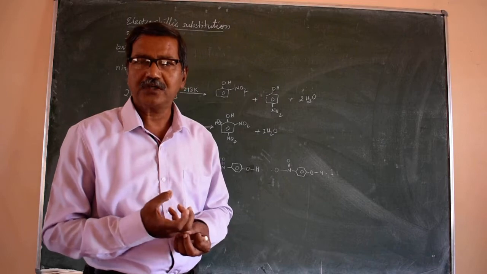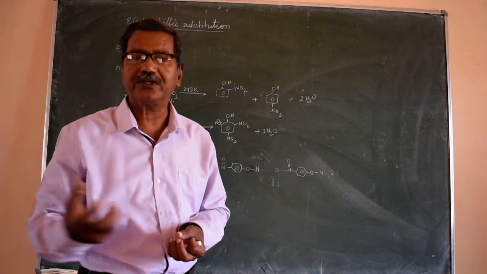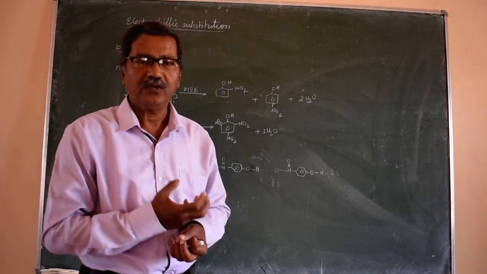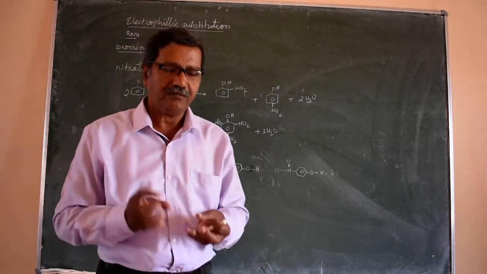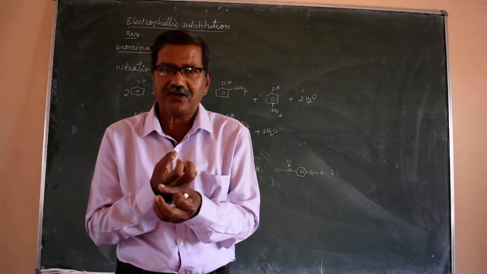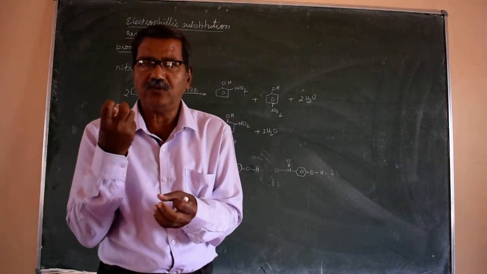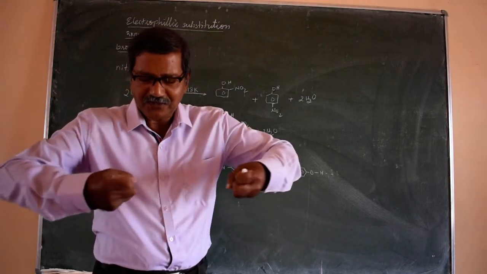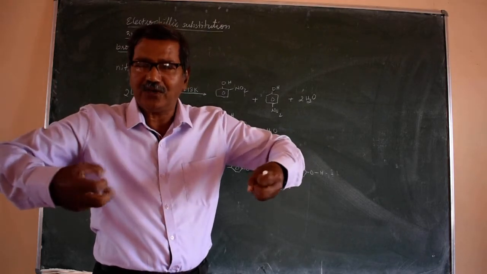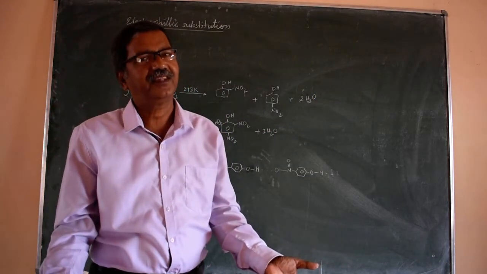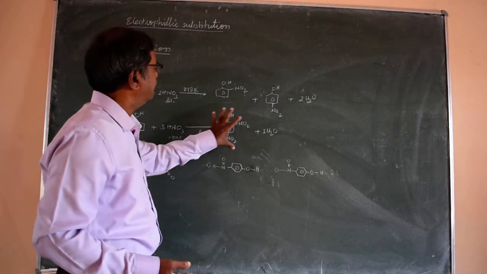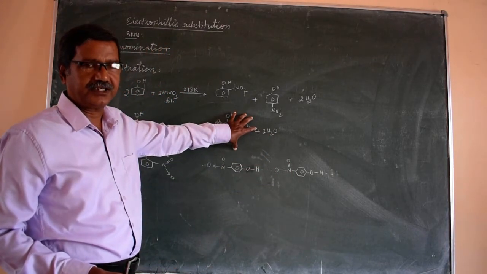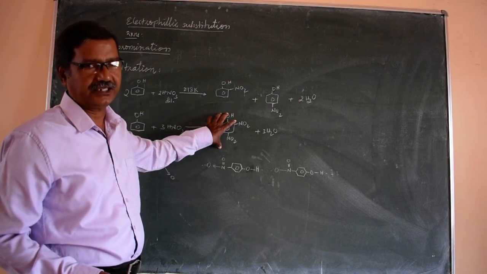Nitrophenols are stronger acids compared to phenol because the nitro groups withdraw electrons and make the phenoxide ion more stable. When we have three electron withdrawing groups, it automatically becomes strong. So remember this point: picric acid is an acid without a carboxylic group.